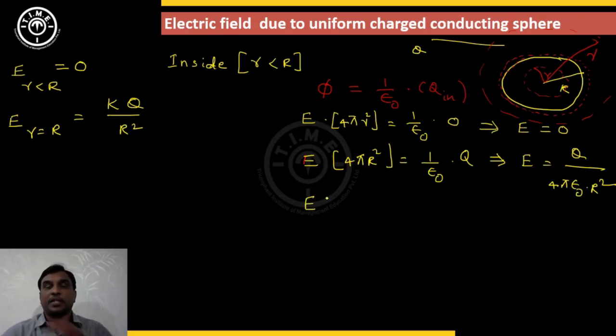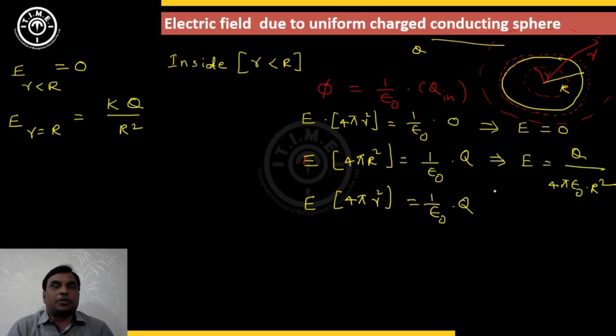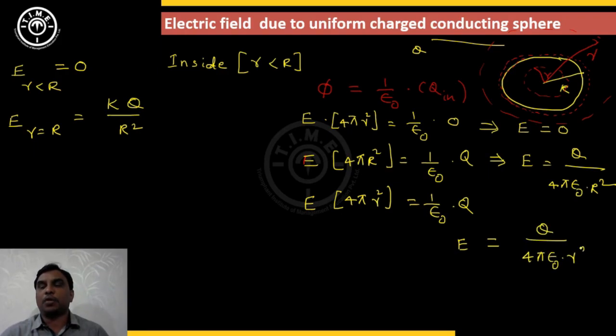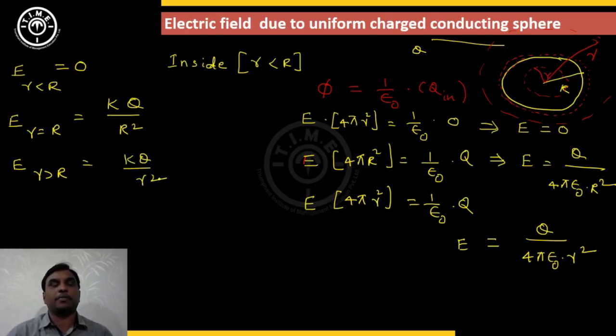The surface area of the bigger sphere is 4 pi small r square, where the radius is greater than the radius of the sphere, so it is outside the sphere. It equals 1 by epsilon naught into the total charge. The total charge inside the bigger sphere is the same as the charge on the sphere. So the electric field is Q by 4 pi epsilon naught r square. E at any point outside is K Q by small r square.